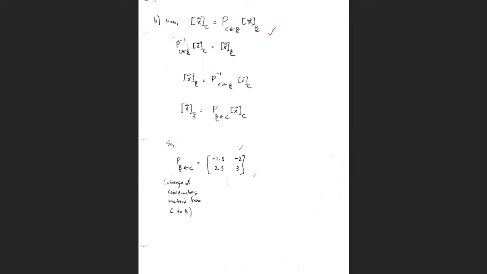This is what we know: the coordinate vector of x relative to basis C is equal to the change of coordinates matrix from basis B to C times the coordinate vector of x relative to basis B. But because the matrix P is invertible, we can multiply by the inverse on both sides.